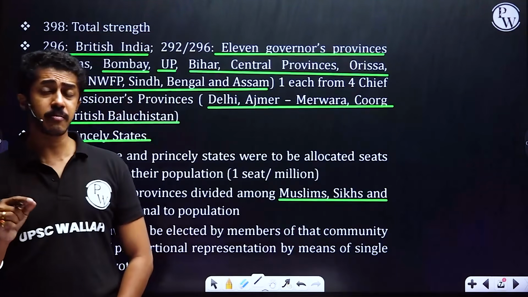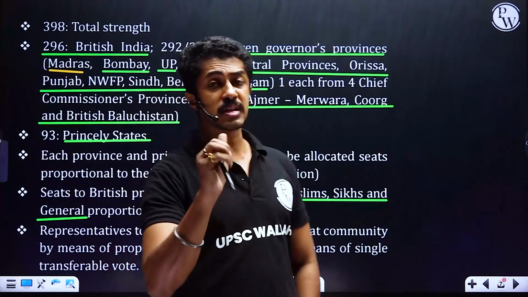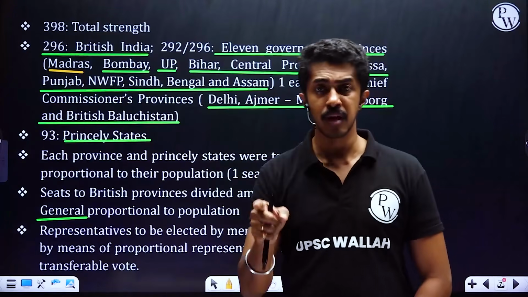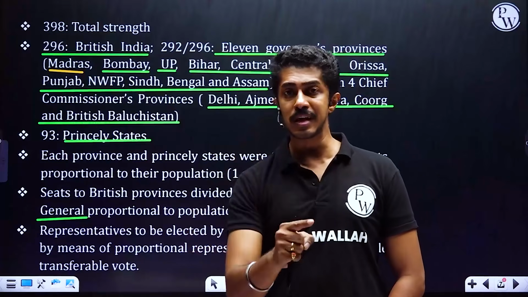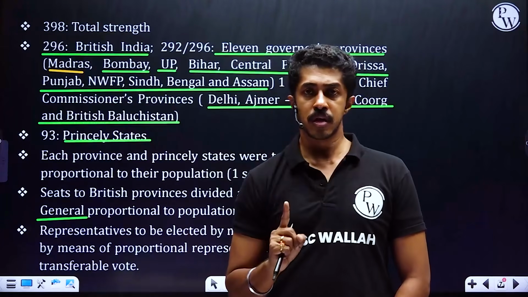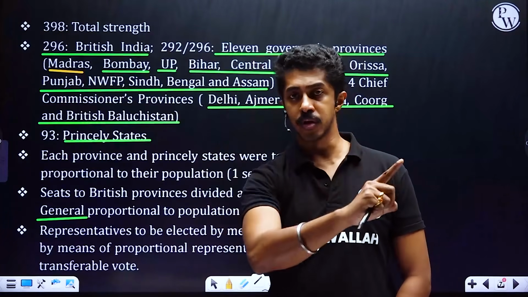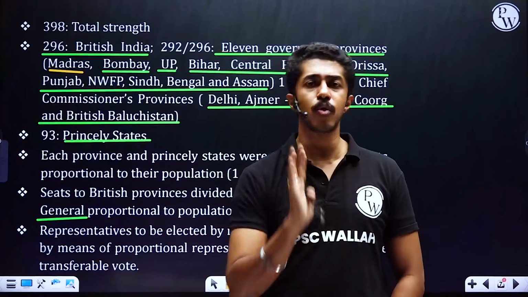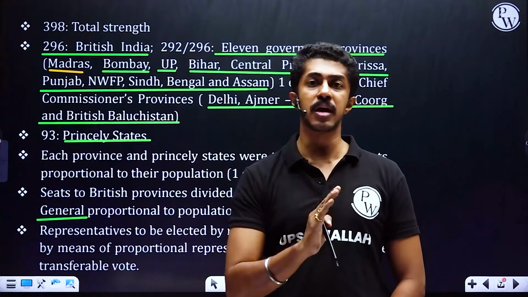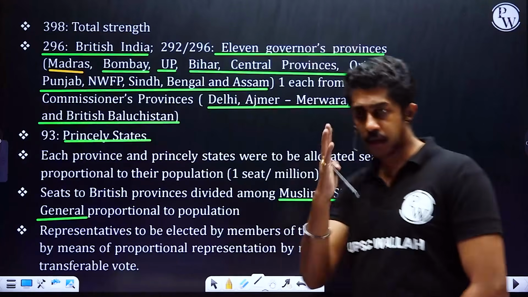It is the second type of voting system, the first being the first past the post system, which we'll be seeing in our subsequent chapters. Clear, people? So let us keep that on hold for now, because as of now, our entire focus is on constitution making and the Constituent Assembly. Moving on.